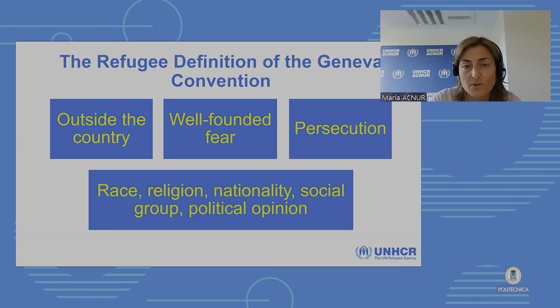Children are also a specific group who can be specifically targeted and experience specific forms of persecution, as well as women. So, gender can determine that you are in a specific social group and that puts you at risk, or it can be a characteristic, an element that can determine specific forms of persecution, or that you are at a higher risk of being persecuted.